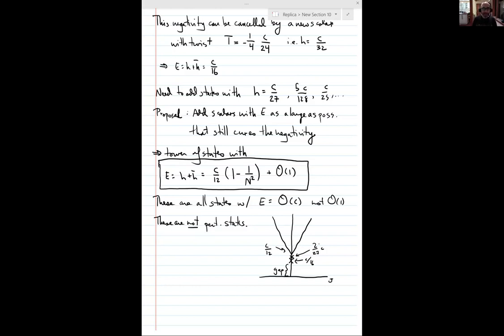The exception is that this only happens if the energy of the state or the dimension of the state is sufficiently small compared to the central charge. In particular, it turns out that in a 2D CFT, operators can form double twist states only if they have dimension less than C over 16.